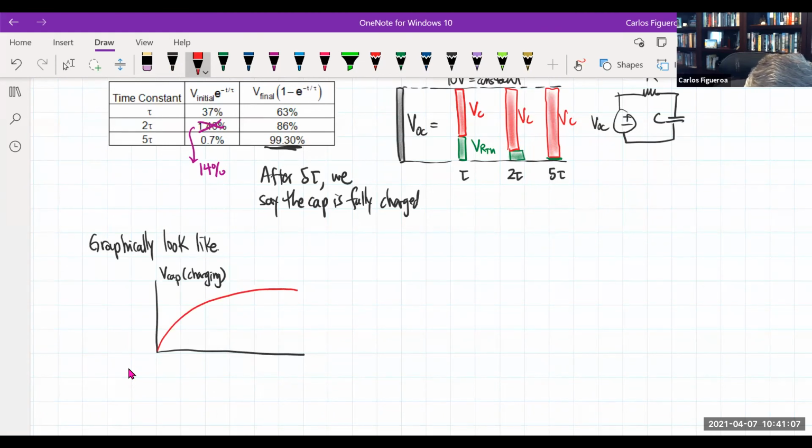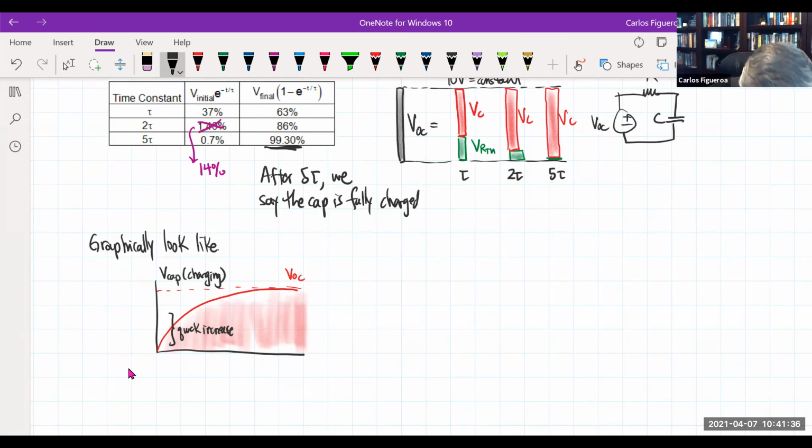The value that it's going to reach is always going to be this VC value. We've already talked about this before. Right in here, we get a very quick increase. You could see we went from 0 to 63% charging in one time constant.